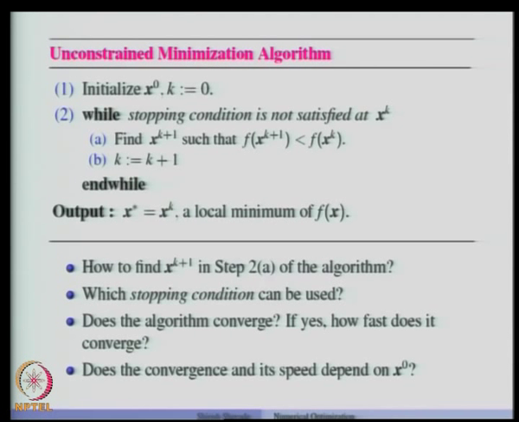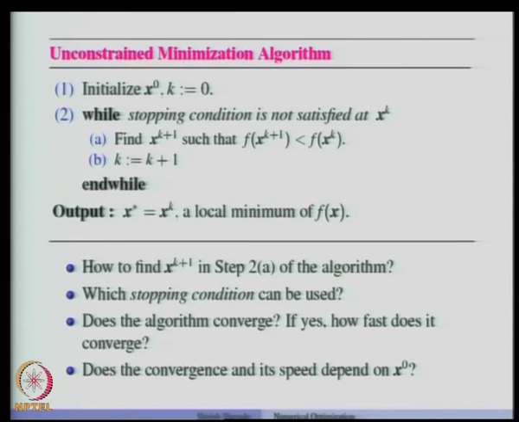And then the other question we want to ask is, how about the initial point x naught? Does the convergence of the algorithm depend on the initial point x naught, and does the speed of the algorithm depend on this initial point?